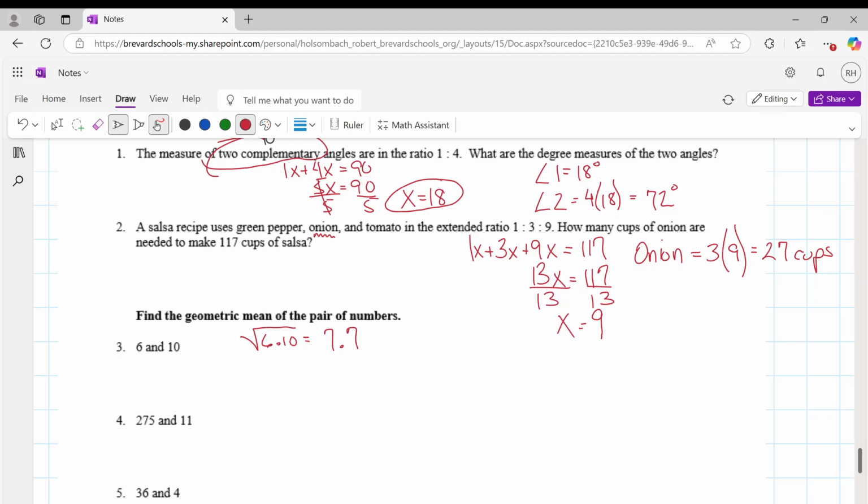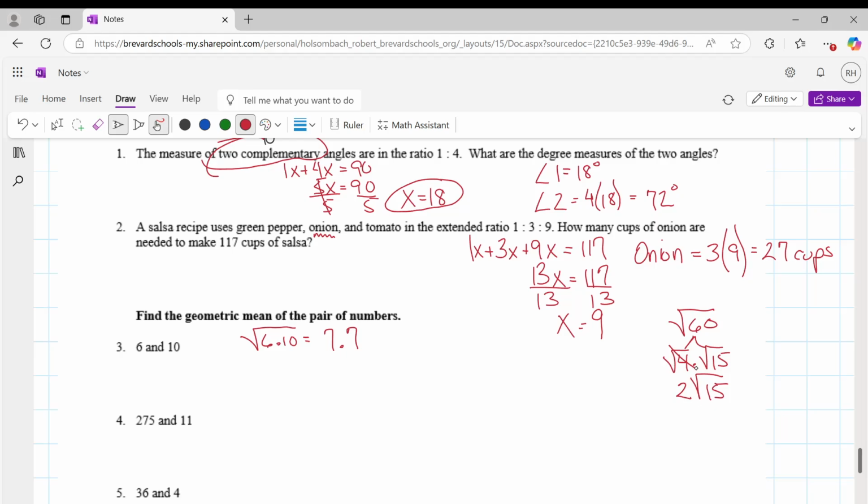Now, the square root of 60 can also be written as the square root of 4 times the square root of 15. With 4 being a perfect square, it can be simplified to 2 times the square root of 15.